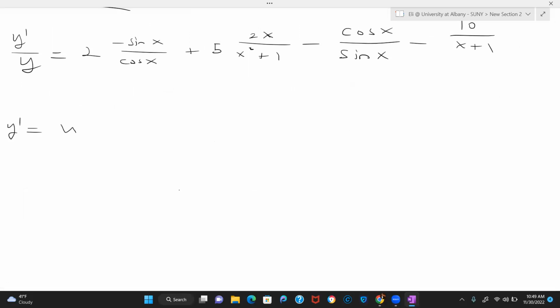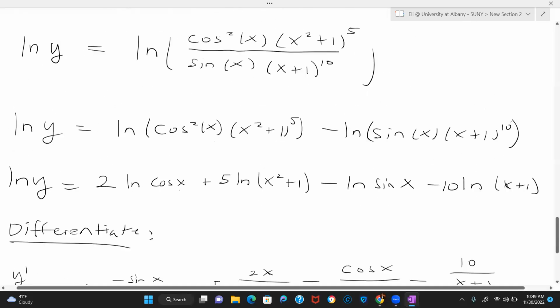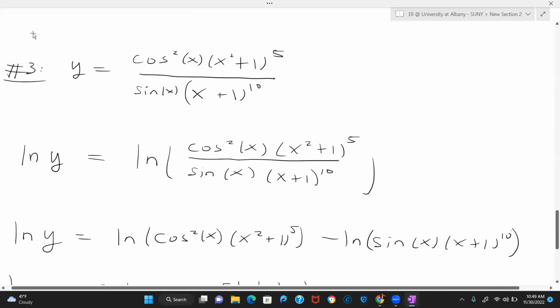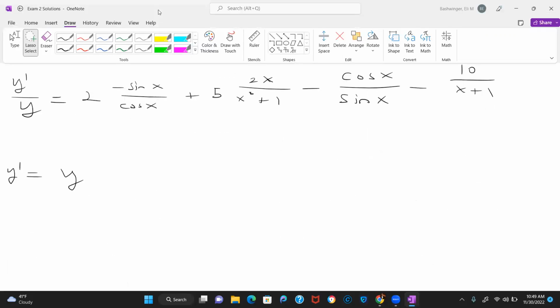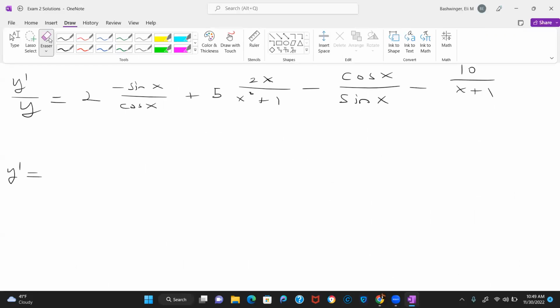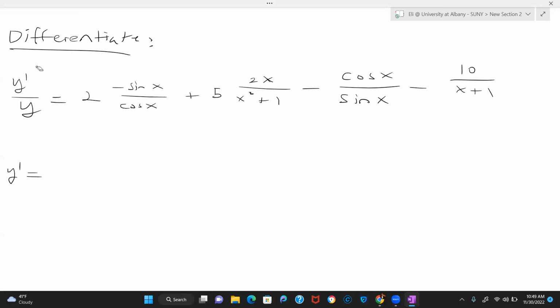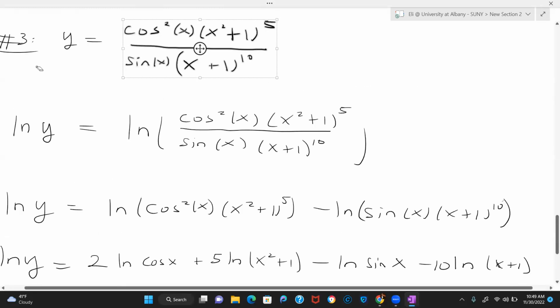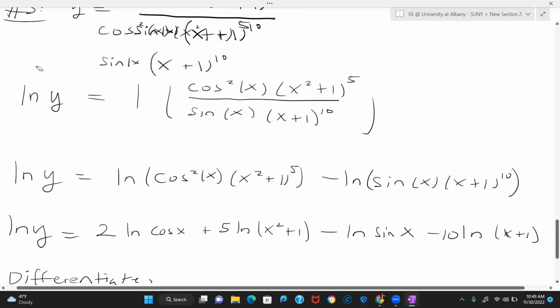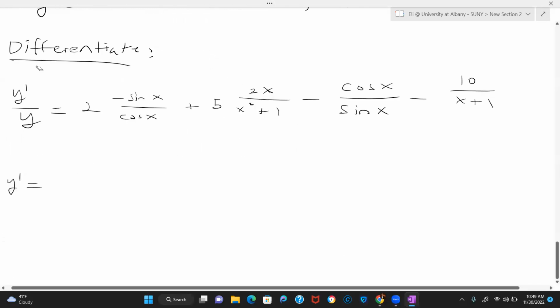Then you multiply both sides by y. Well, remember, y is this right here. So let me just copy this right here. So yeah, you multiply both sides by y. Let's go down here.